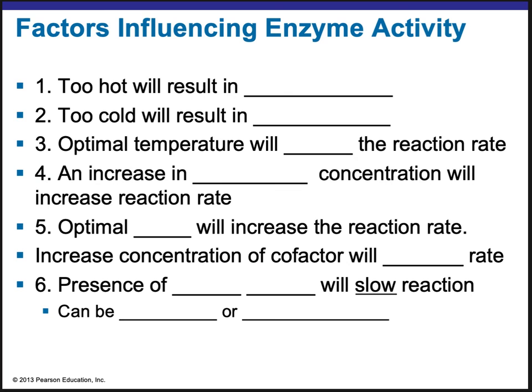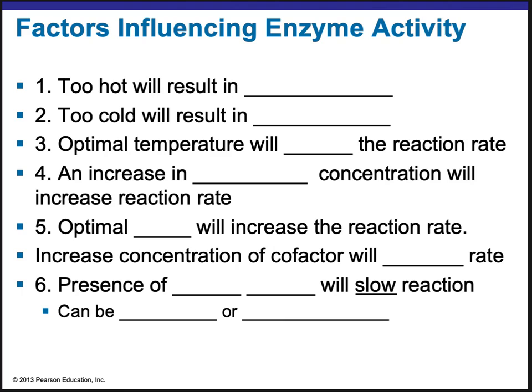Okay, so factors influencing enzyme activity. If the temperature gets too hot, it'll result in, that's right, denaturation. If it gets too cold, what happens? It'll just slow down, and it gets slower and slower, and if it gets to freezing, then it will actually stop.